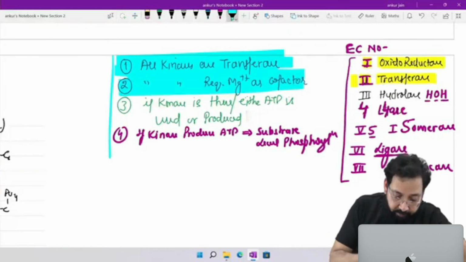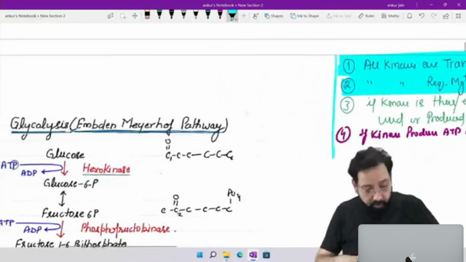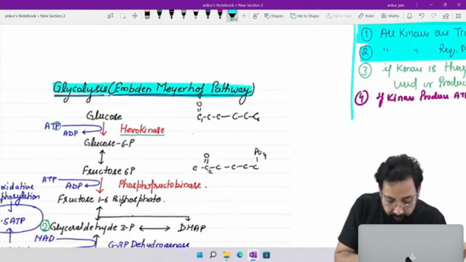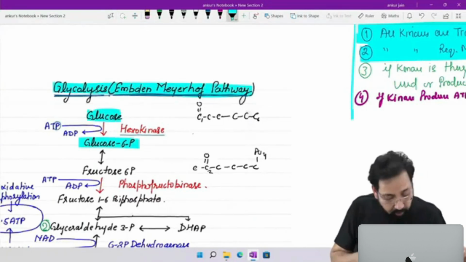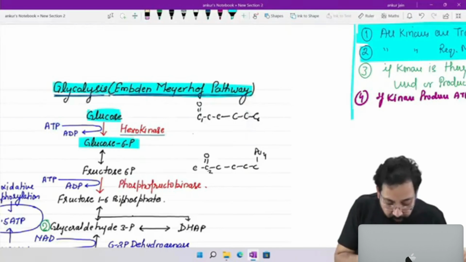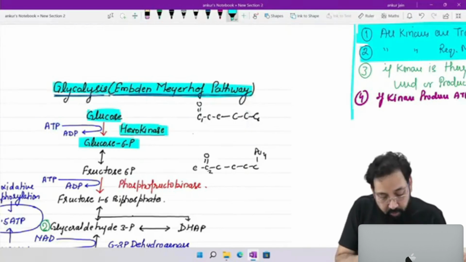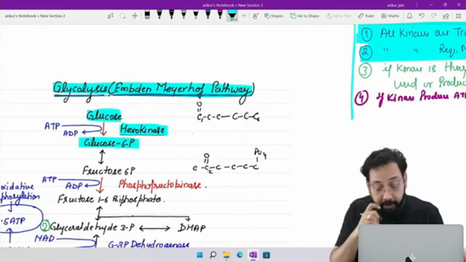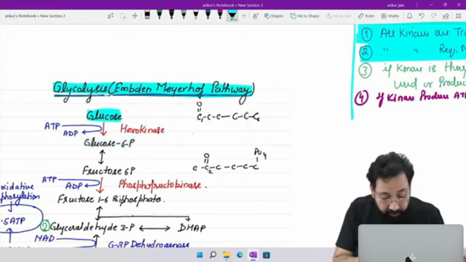Now look at this. Glycolysis, the Embden-Meyerhof pathway. First, glucose is converted to glucose 6-phosphate, catalyzed by hexokinase. All kinases are transferase and require magnesium as cofactor, so the cofactor of hexokinase is magnesium. In this reaction, ATP is used.